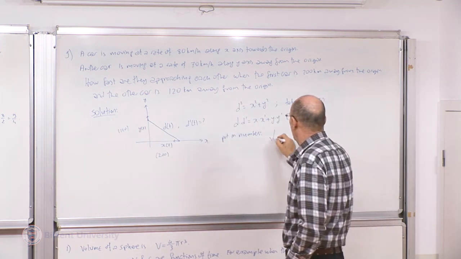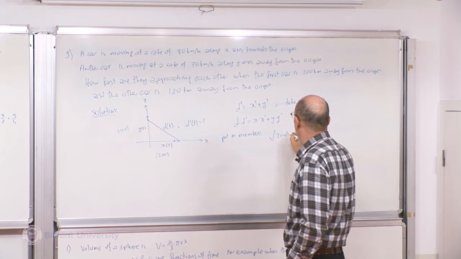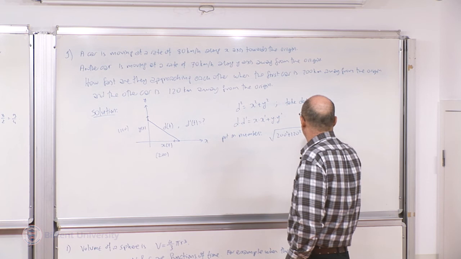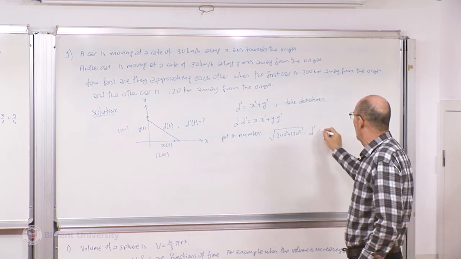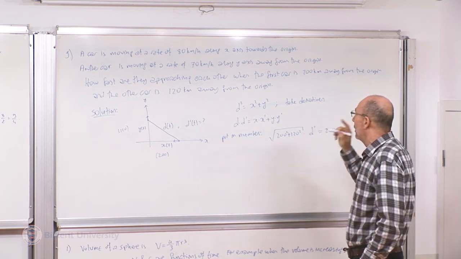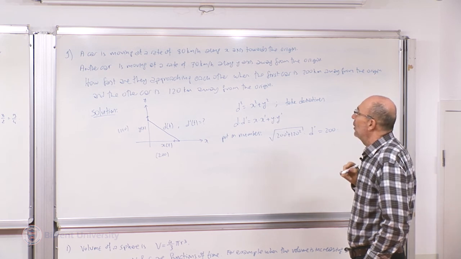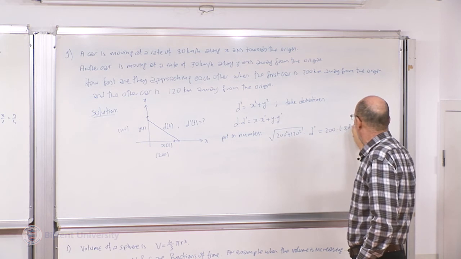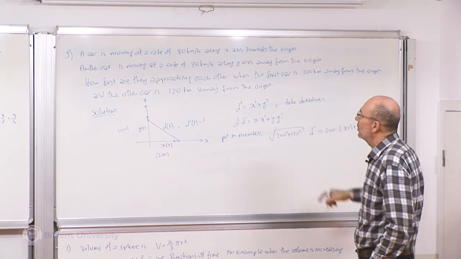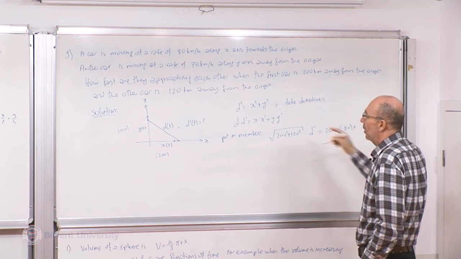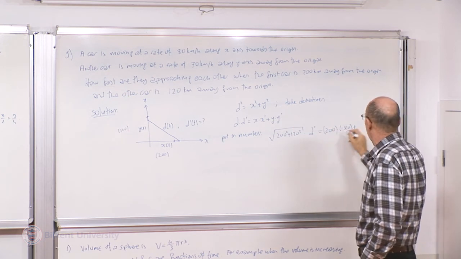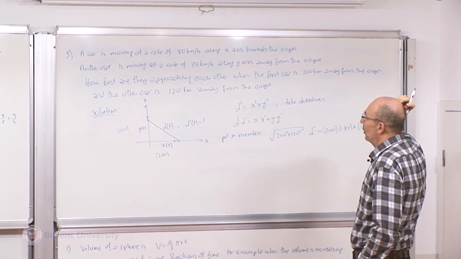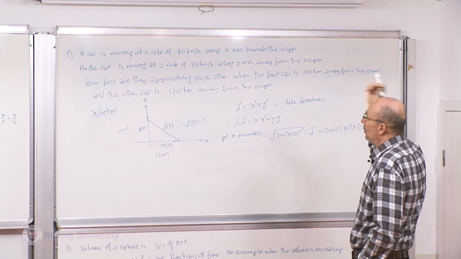So d is the square root of 200 squared plus 120 squared. d prime is what I want to find out. x is 200. x prime is 80 kilometers per hour, but it is moving in this direction, so this is minus 80, plus y is 120, and it is moving at 70.